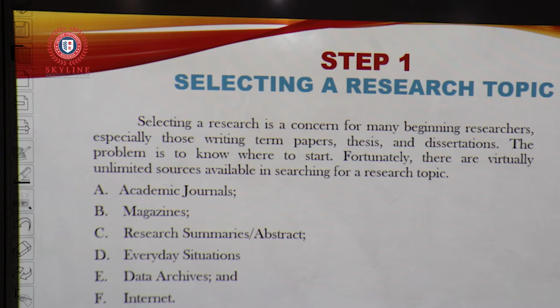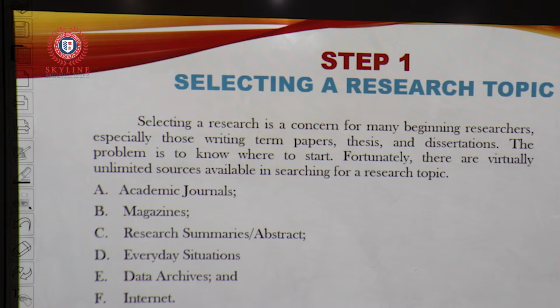Step number one, selecting a research topic. This is very important, and selecting a research topic is a concern for many beginning researchers, especially those writing term papers, theses, and dissertations. The problem is to know where to start. Fortunately, there are virtually unlimited sources available in sourcing for a research topic.